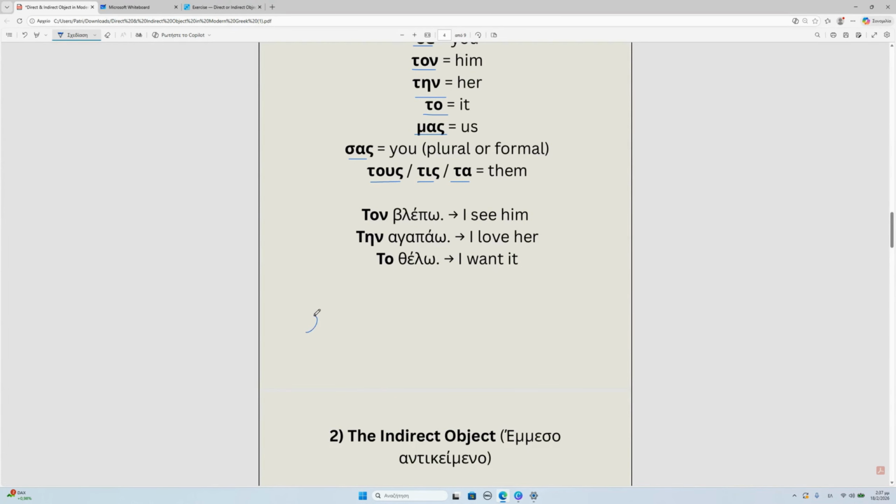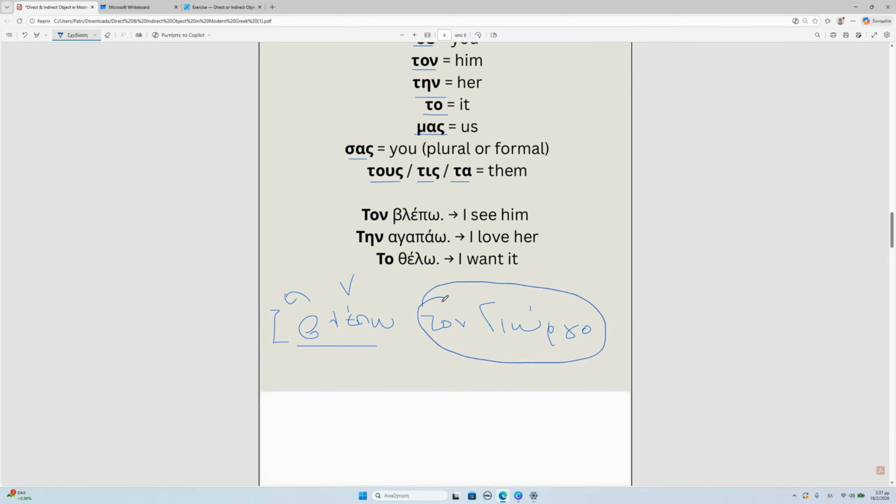For example, I will write the phrase βλέπω τον Γιώργο. Sorry about my writing, I'm using the mouse, but it makes sense. So, again, the analysis: the verb. Who is doing this? I. Εγώ. What do I see? Τον Γιώργο is a direct object.